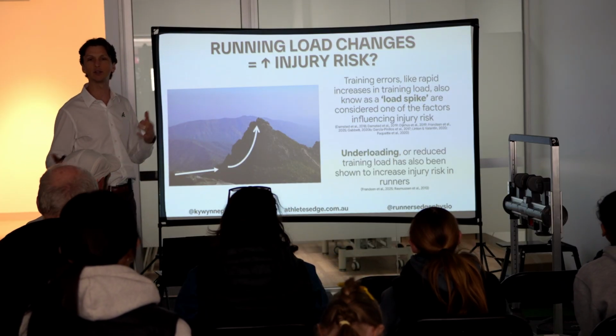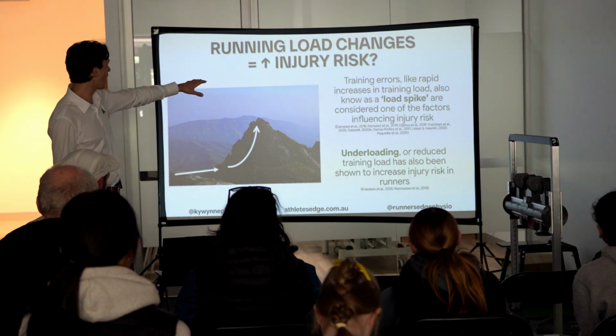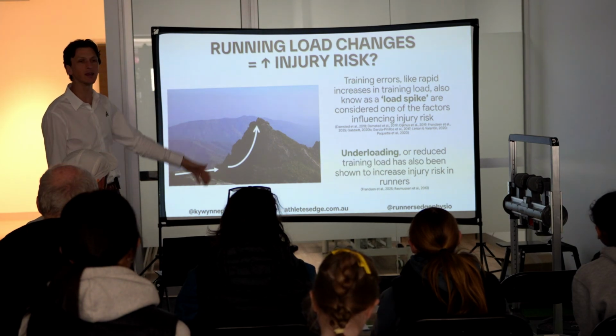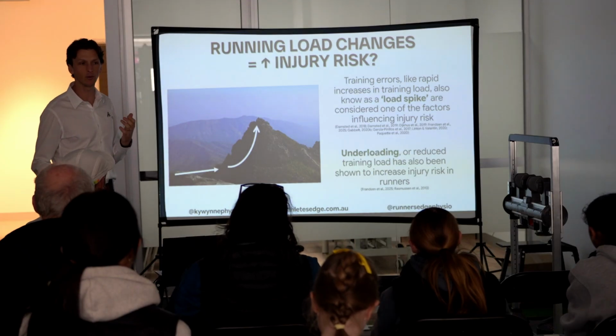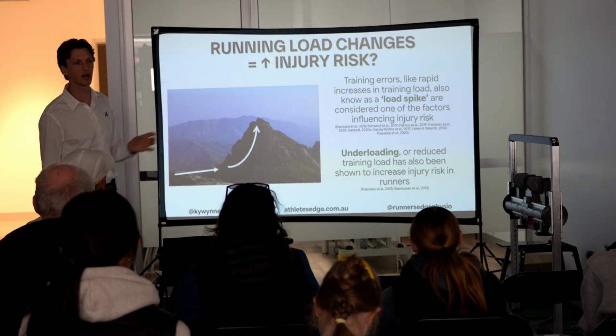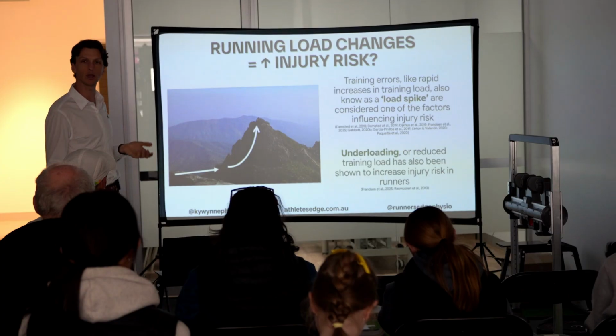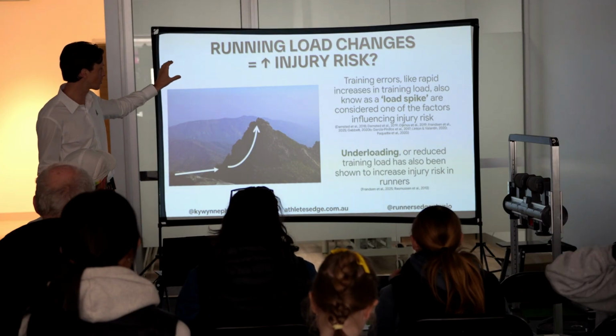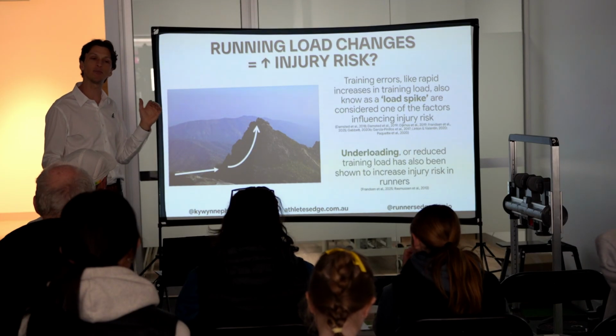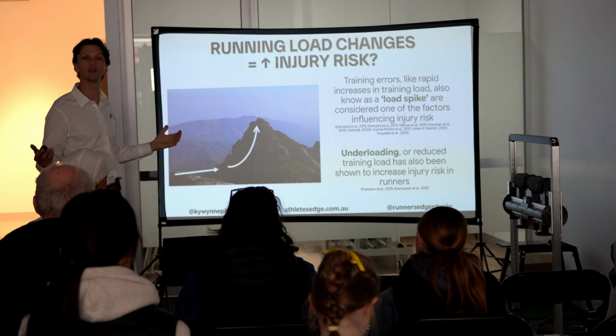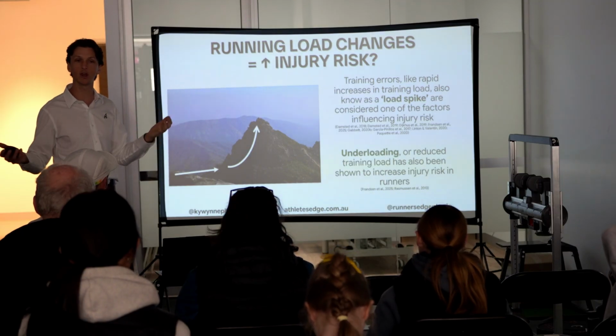that monitoring how much we're doing is important, and I've highlighted load spike here because it's probably the thing we're looking for with training load. I'm going to show you three key studies and bits that we should look at around training load, but one of the key things we want to keep an eye on is that big increase in training load relative to our normal capacity level, which we term a load spike.